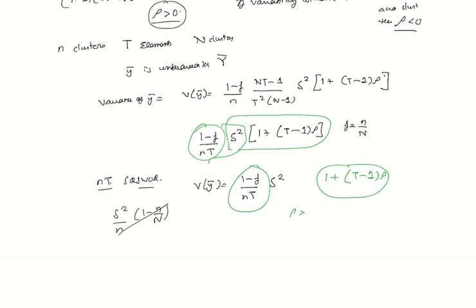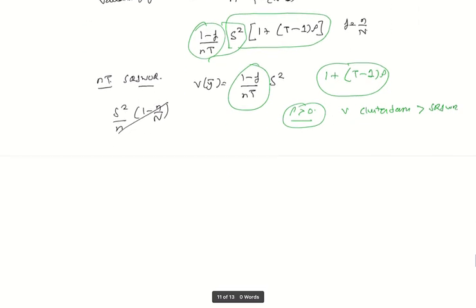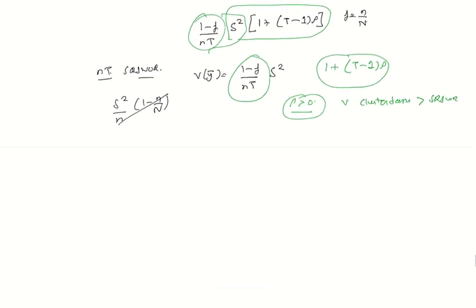So if rho is more than 0, cluster sampling is less precise. In surveys, we pretty much always have a positive rho for cluster sampling, so cluster sampling is generally less precise than SRSWOR.